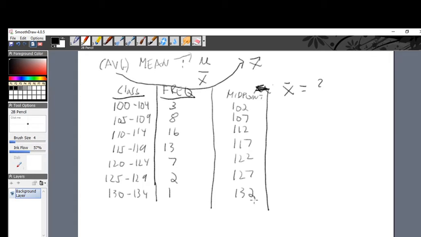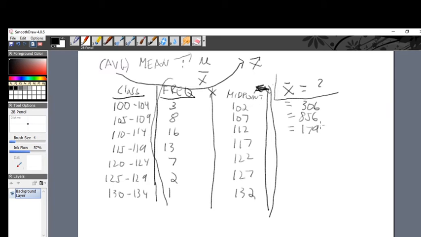So what do you do? You've got to multiply the frequency times the midpoint. Forget the class now, we don't need that anymore. You multiply the frequency times the midpoint, or the midpoint times the frequency, however you want to look at it. This is equal to 306. This is equal to 856. With a calculator you can do this pretty fast. This is 1792.